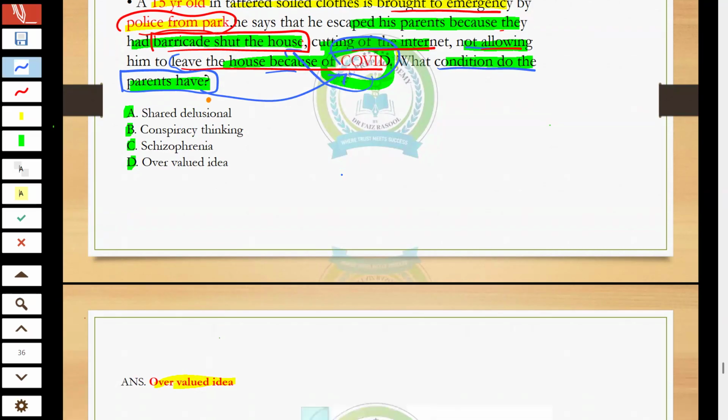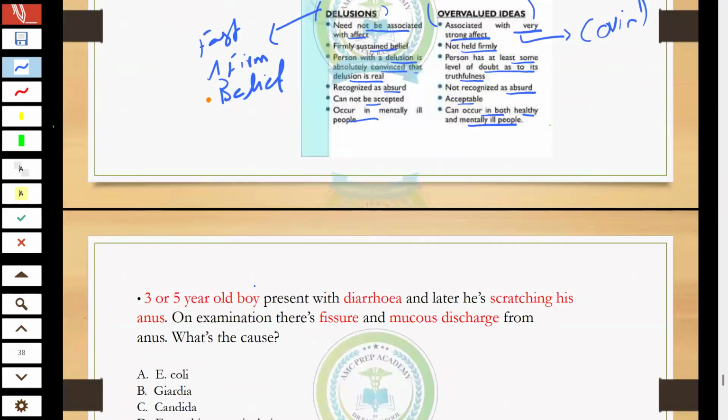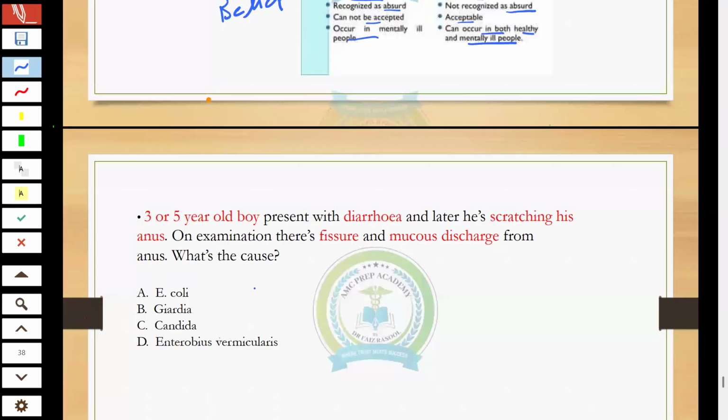Should we move to next, doctors? Okay, doctors, move to next.